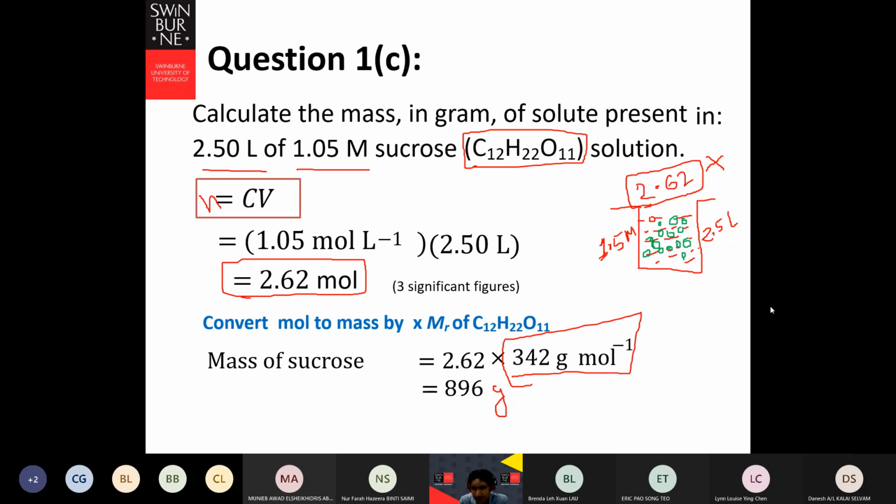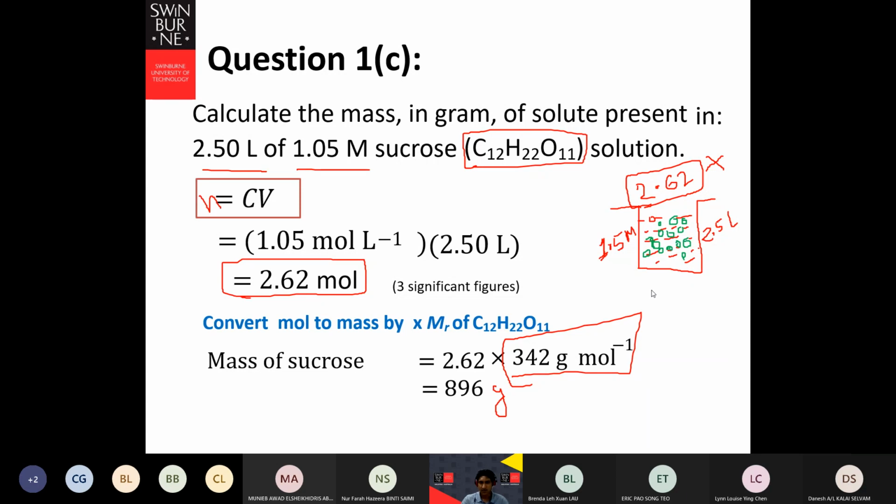1.57724 times 10 power 24. Okay, good. Did you get it by multiplying Avogadro's number with the number of moles?